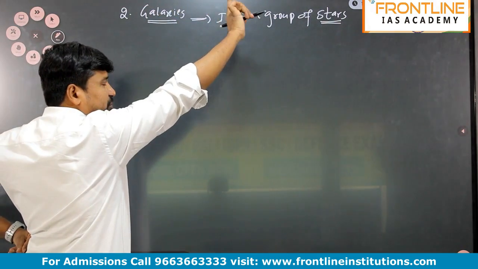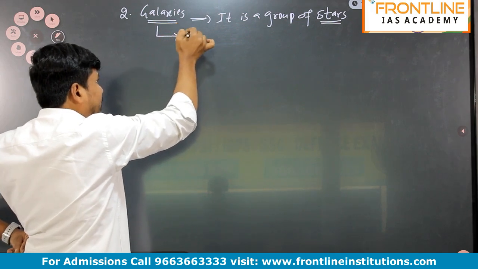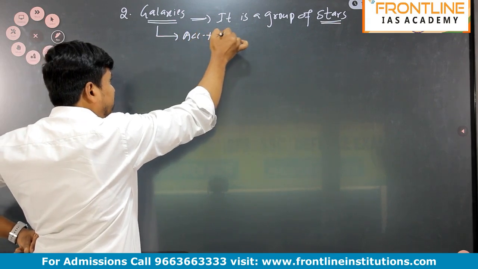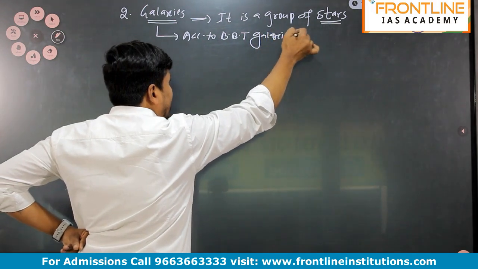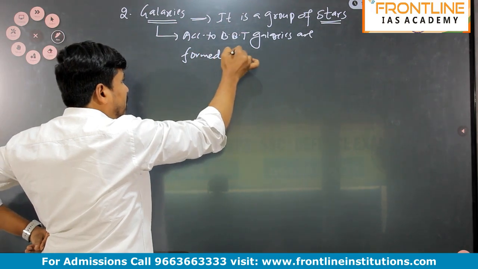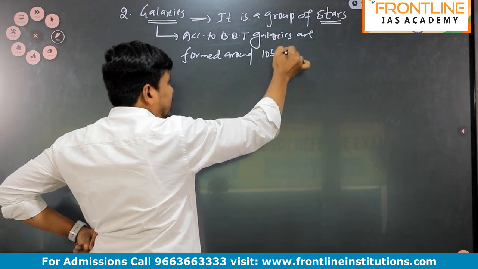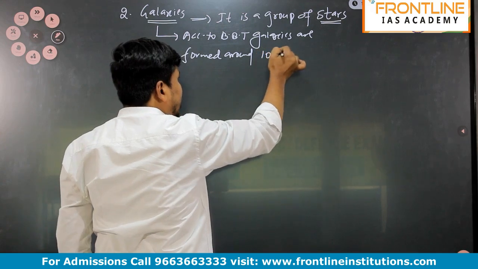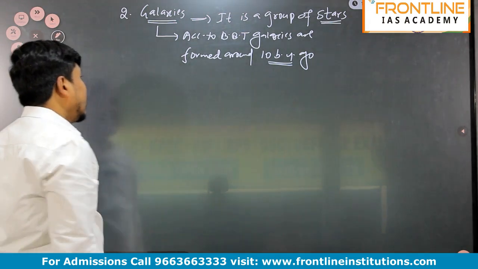So galaxy means, a very important point, a group of stars. And according to the Big Bang theory, BBT, galaxies were formed around 10 billion years ago, right?